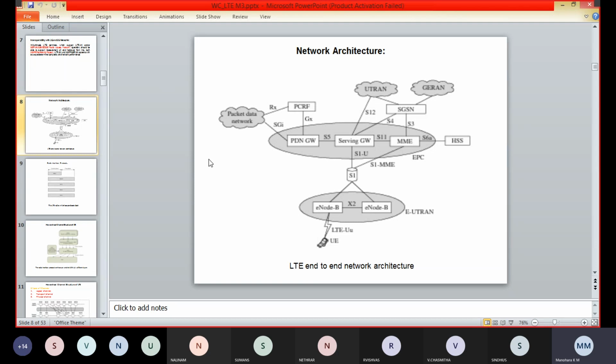Next we have the PDN GW, the packet data network gateway. The PDN GW terminates the SGi interface towards the packet data network. It routes the data packets between the EPC and the external PDN, and it is the key node for policy enforcement and charging data collection.